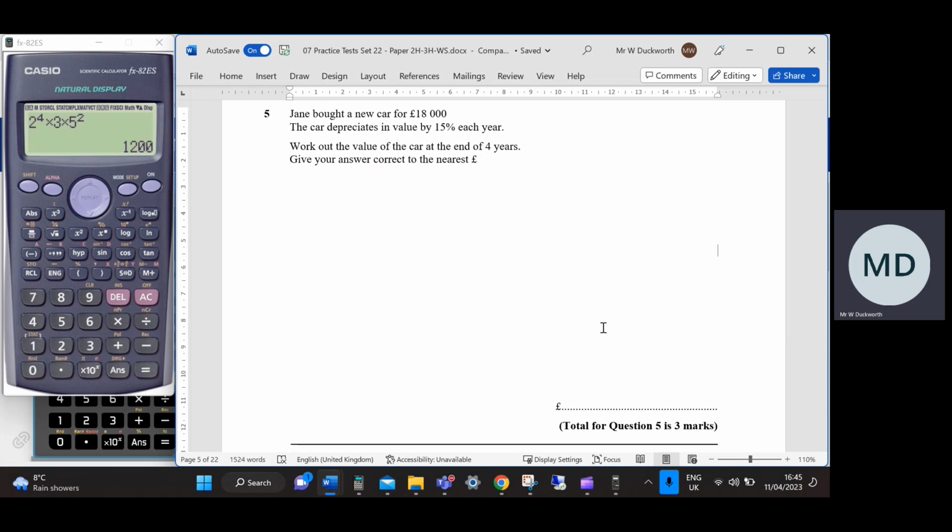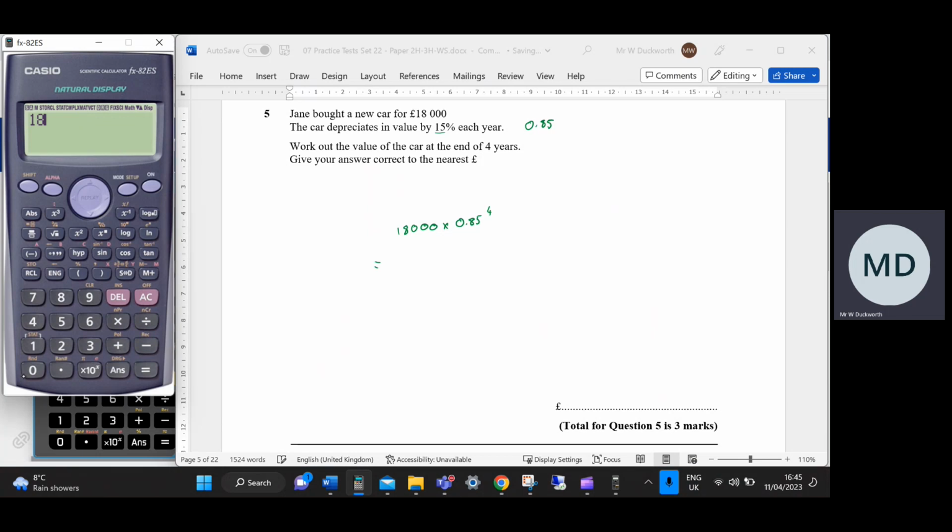Work out the value of the car at the end of 4 years. So if we have a depreciation of 15%, that's the same as 0.85 as a multiplier. So to work out the value of the car at the end of the 4 years, I'm going to do 18,000, the initial amount, times the percentage multiplier to the number of years. So in this case, to the power 4. Give your answer to the nearest pound.